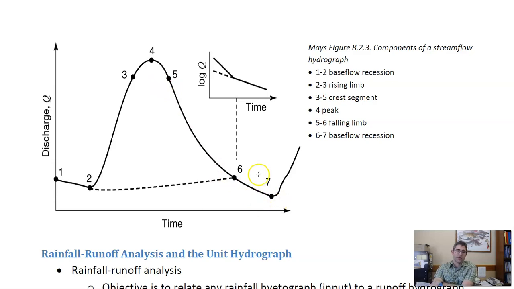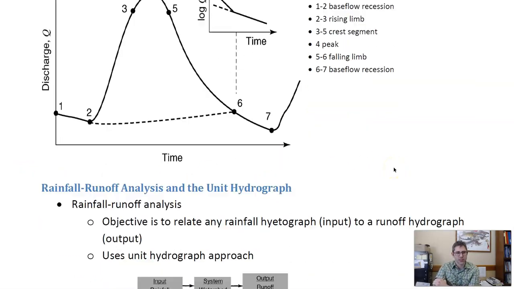If we want to know from that hydrograph that we measured in the creek what the runoff portion was, there's various methods to basically connect point 2 here to point 6 here and figure out this runoff portion up here, and thus what the base flow portion actually was. But we're not going to worry too much about that in this class.